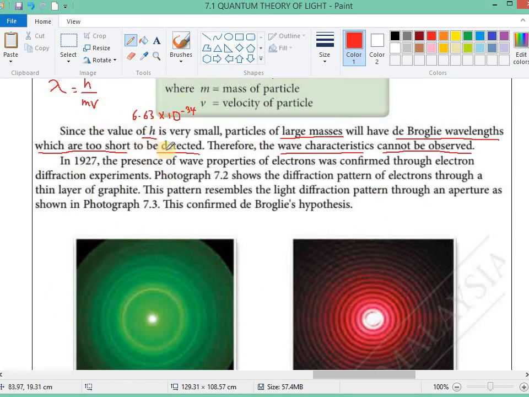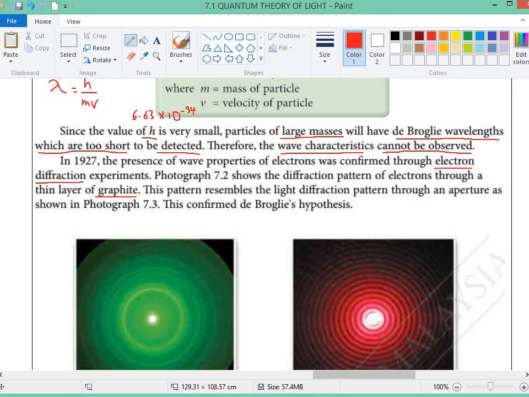Okay, continue. In 1927, the presence of wave property of electron was confirmed through an electron diffraction experiment. Photograph 7.2 shows the diffraction pattern of electrons through a thin layer of graphite. This pattern resembles the light diffraction pattern through an aperture as shown in photograph 7.3.